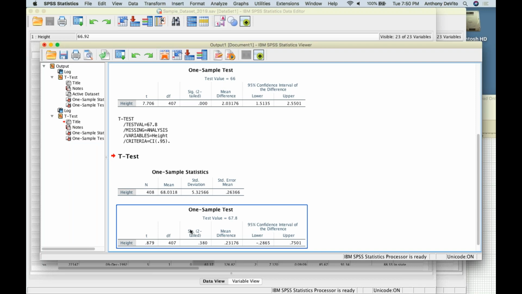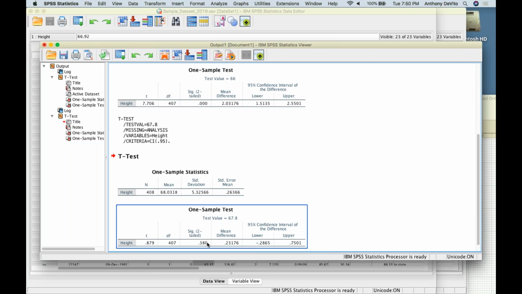But how would I have known if it were closer? Well, if you go down across here, you will see that SPSS also calculates a two-tailed significance. That is a p-value, the probability that you would be wrong if you reject the null hypothesis.